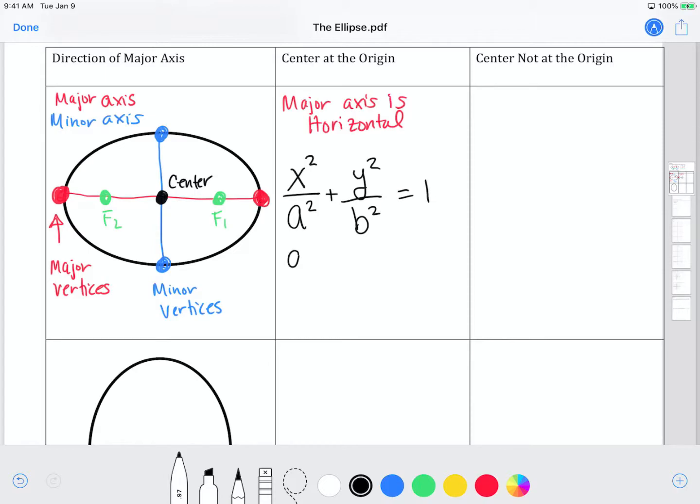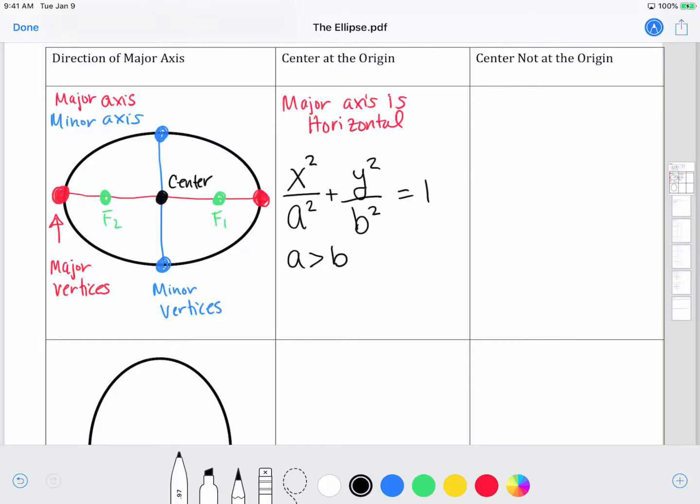Your a is always going to be bigger than your b for an ellipse. And so if your a is underneath the term with the x in it, like this case, that's how you tell if your major axis is running horizontally. And if the a is under the y, the bigger number is under the y, then you know it runs vertically.